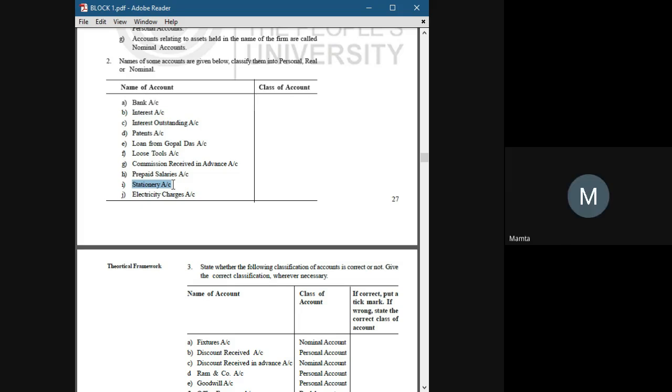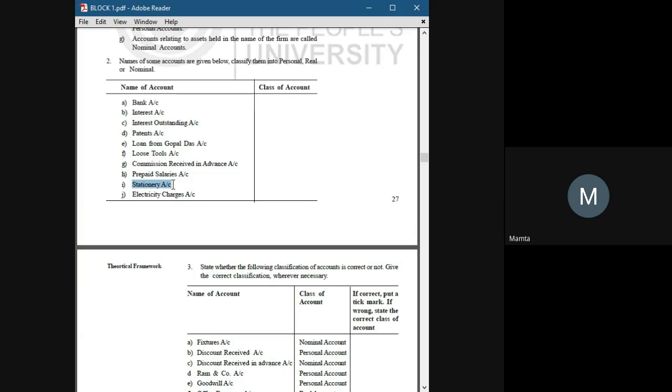Yes, stationery is under nominal account because stationery is neither our asset nor a person. Then how do we consider stationery a nominal account? It is an expense we made. We spend cash or bank money to buy stationery, and we just use it like an expense in our business.